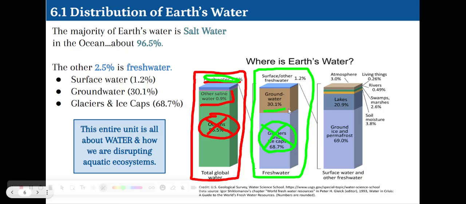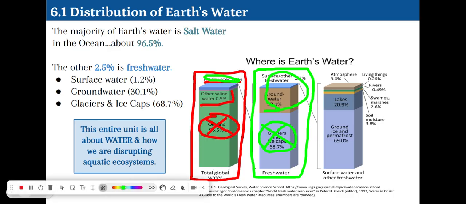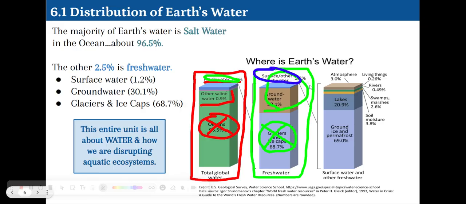We have to rely on the other types of water, which is groundwater at about 30-ish%, and then other surface water. So this 1.2% is now broken up into smaller categories.